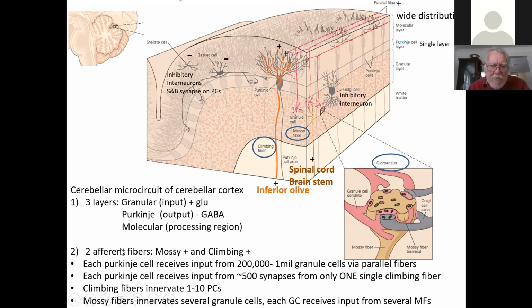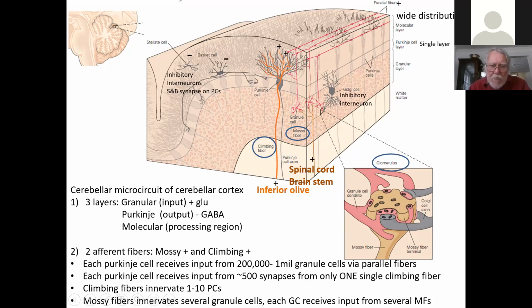So notice here that each Purkinje cell, so now we're going to get large here, a given Purkinje cell may receive input from anywhere from 200,000 to 1 million granule cells via the parallel fibers.